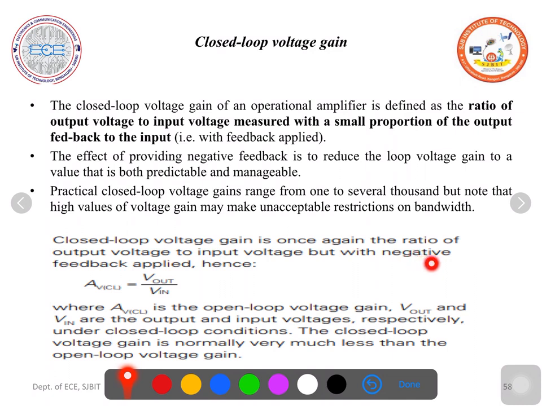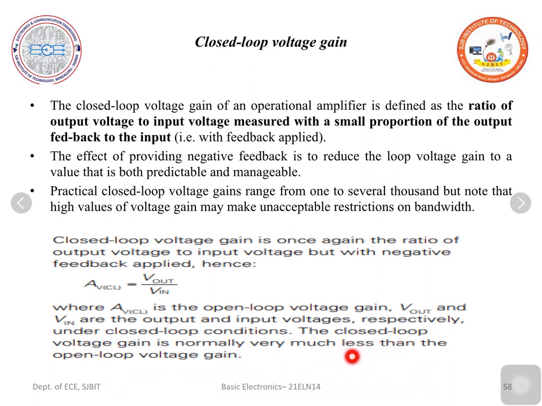is a feedback. When there is a feedback, usually it will be negative feedback, because the gain of this operational amplifier is very large. To decrease this, we will go for the negative feedback. Where AVCL is the closed loop voltage gain, V out and V in are the output and input voltages respectively.